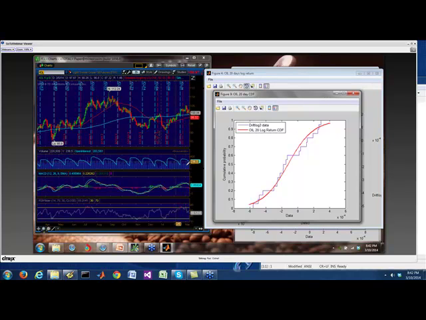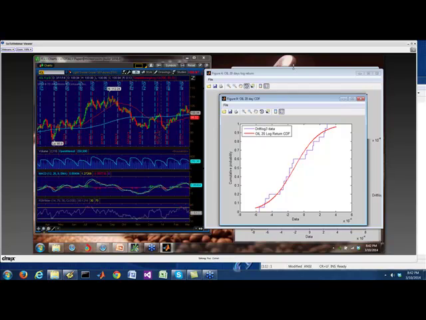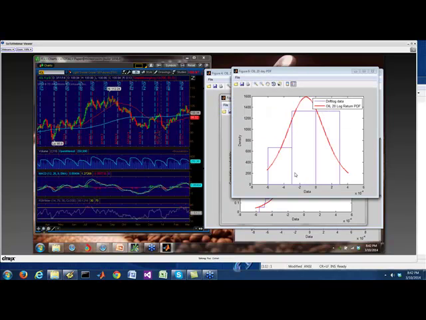But the CDF is telling me I have a high probability of negative drift, so that's probably going to mean more lower candles. And the PDF is telling me the same thing, that I'm skewed. So probably wait for a couple big candles, break the 200, and then long it.